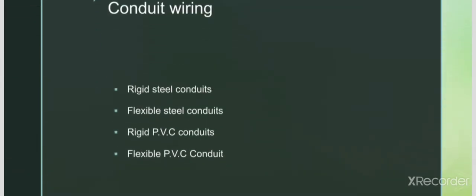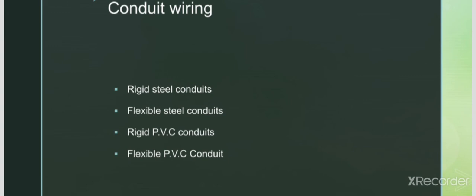So what is meant by conduit wiring? In general, conduit is nothing but a tube or channel. Tubular conduits are most commonly used in electrical installations. When wires or cables are drawn through a conduit and terminated at the outlets, such a system is known as conduit wiring.